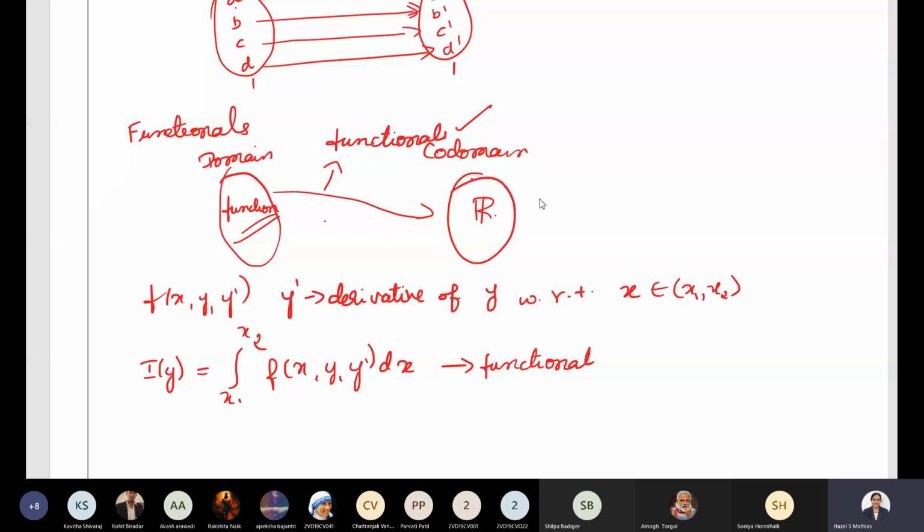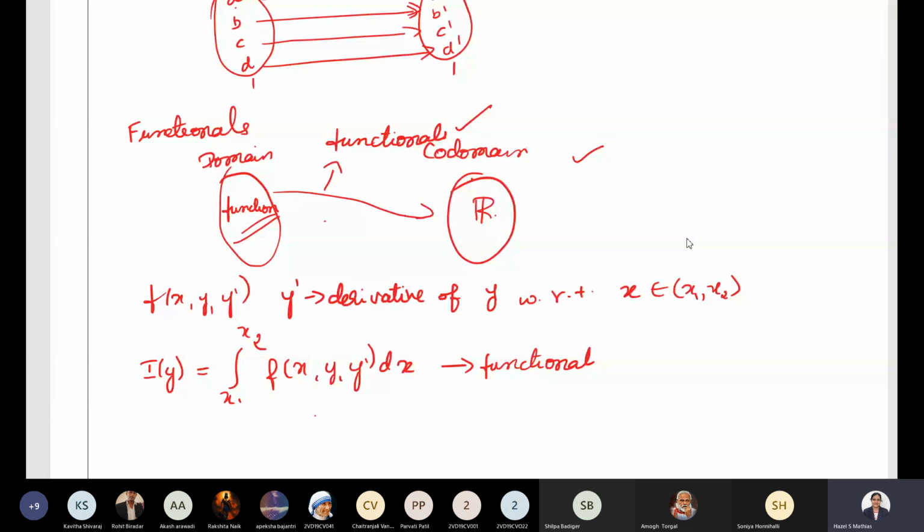This is your understanding of what a functional is, and the functional is given by this definite integral.